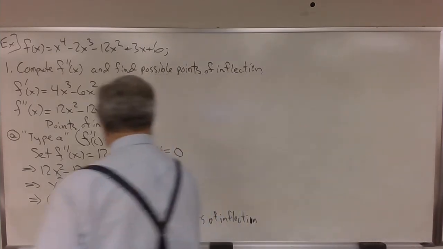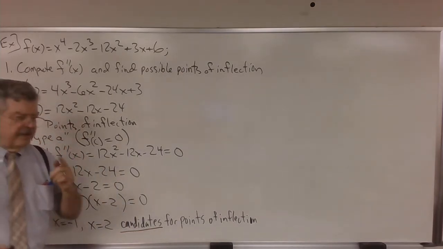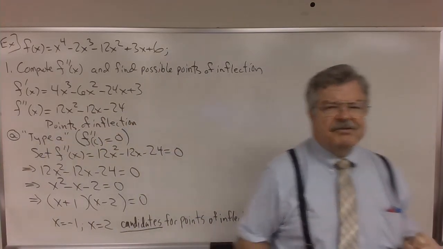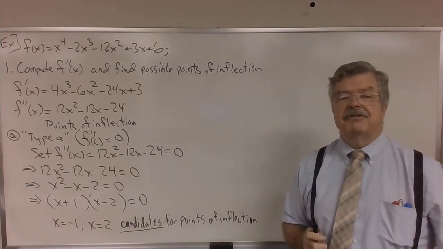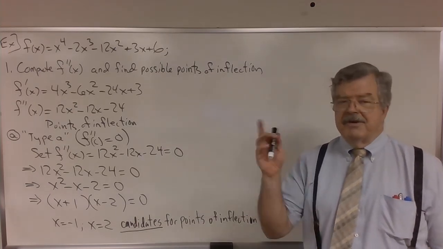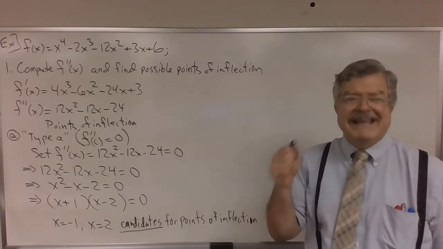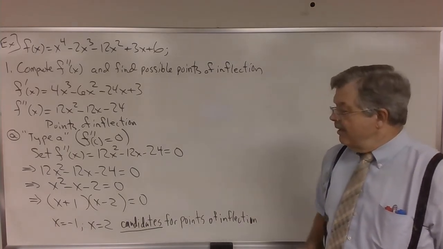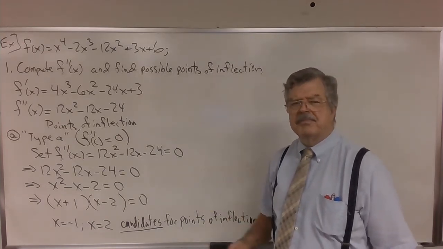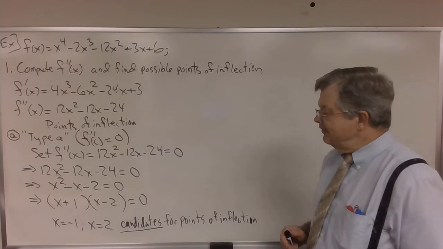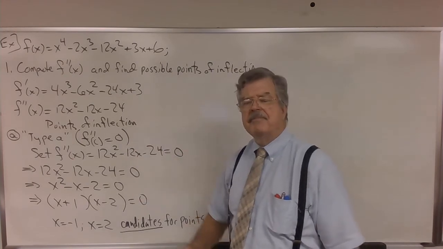Now, why don't I just say that they're points of inflection? And here's the reason. Our definition of points of inflection is not the perfect analog of the definition of critical number. With the first derivative and critical number, if the first derivative is 0, then that value of x is a critical number. But because of the way that we define point of inflection, we can't just say that a value of x is a point of inflection because it makes the second derivative 0.